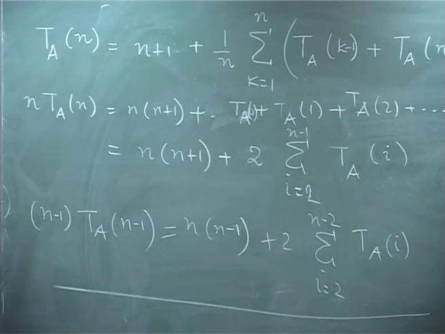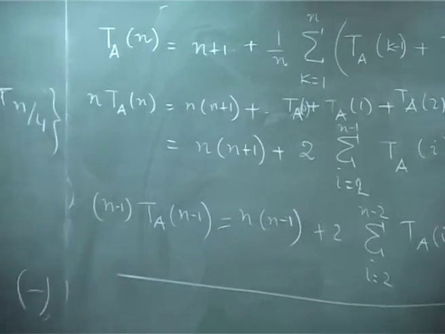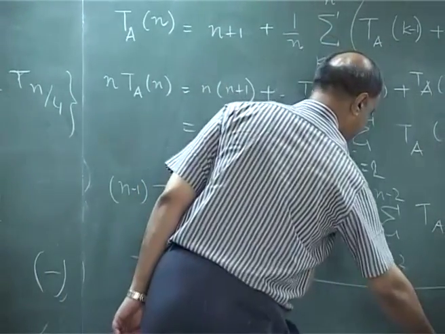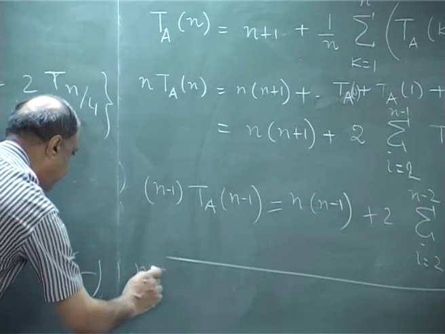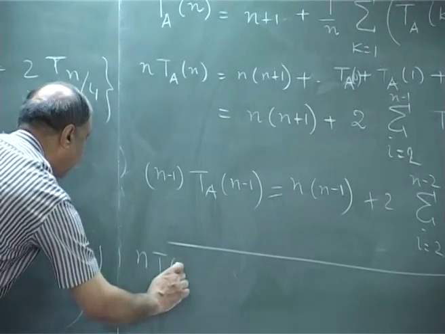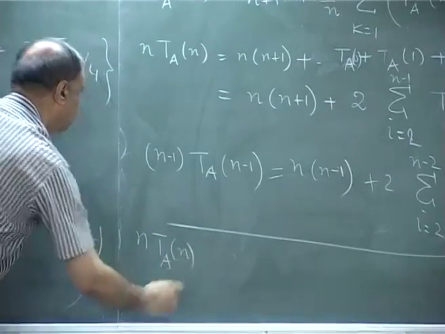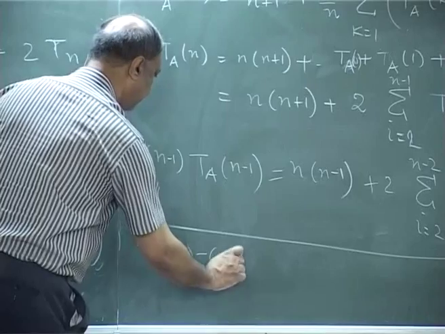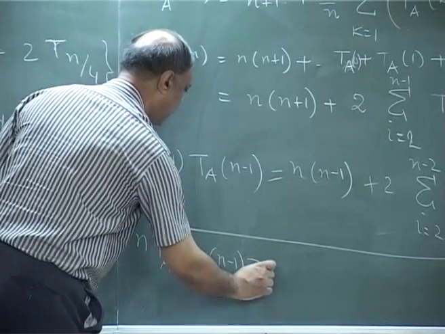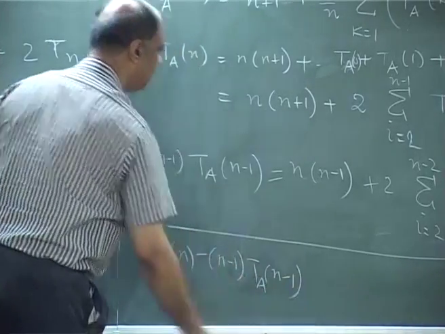Now if I subtract this, I get n TA(n) minus (n minus 1) TA(n minus 1).